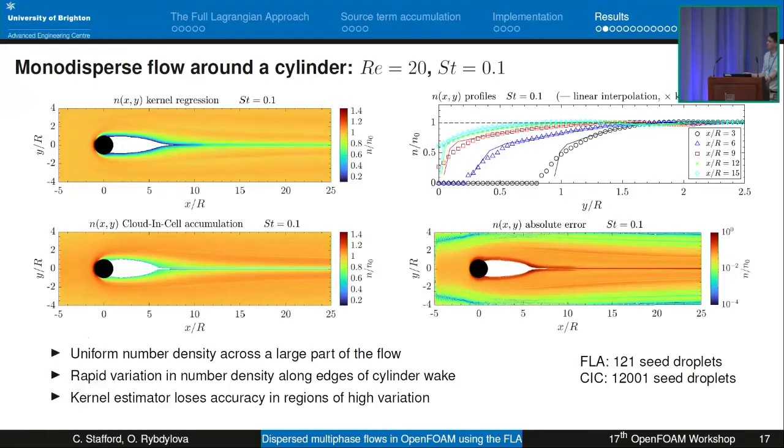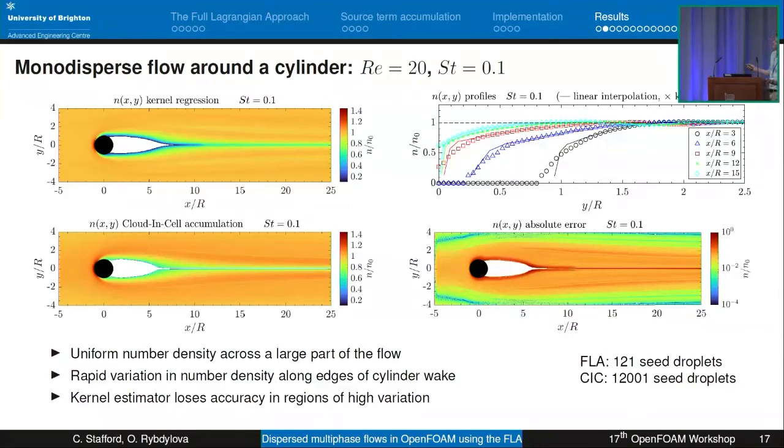Give or take, I've just done it with 100 times as many here. If you do it with many less, it's nowhere near as converged. The difference is it's better resolved along the wake if we use a higher number of droplets, but that's just because there's a slightly higher seeding near zero at the start. Away from this, the error is generally below 10 to the minus 1, which for a statistical representation is acceptable.